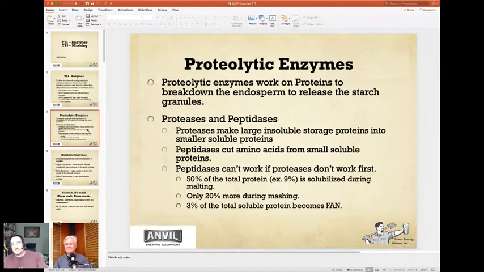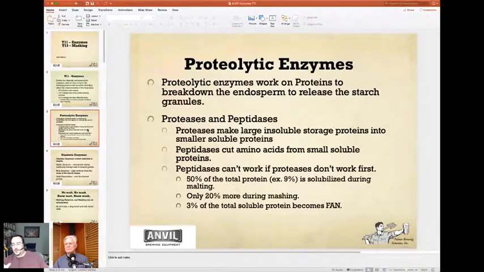From there, those proteases, and there's like 40 different proteases and peptidases, I mean, we're talking about a class of enzymes, not just one. It's a whole group. It's like talking about cats. We're talking about many, many types of cats with the proteases and peptidases.